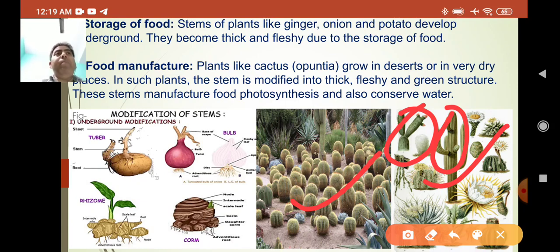These stems manufacture food by the process of photosynthesis and also conserve water. When they do not get water in unfavorable conditions, they use it from the stored water.